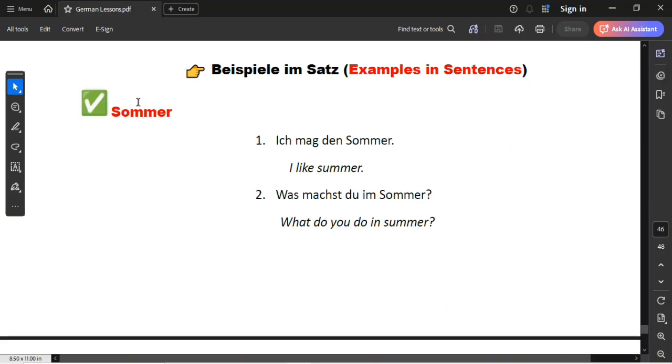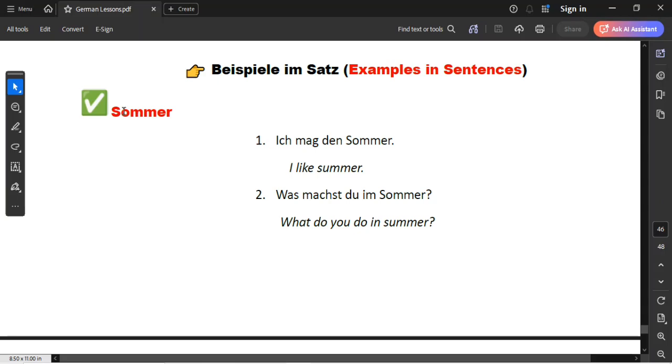Now, I want us to go ahead and look at Beispiele im Satz, that means examples in sentences, and I'll be starting with der Sommer, and the first example is Ich mag den Sommer. I know many people will ask, where has this den come from? Remember, we have not done this, but we are going to look at this in a later class.